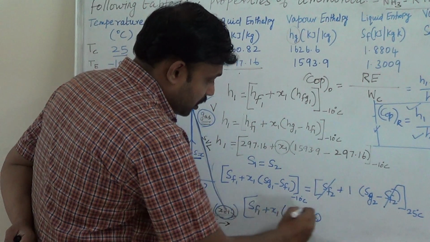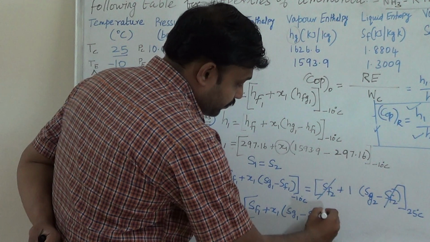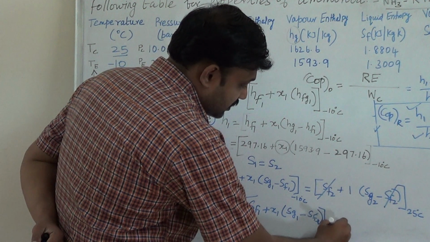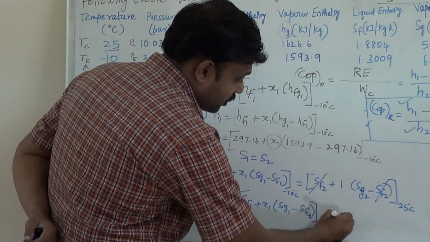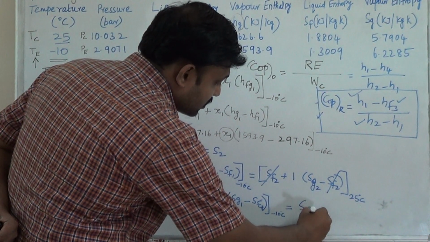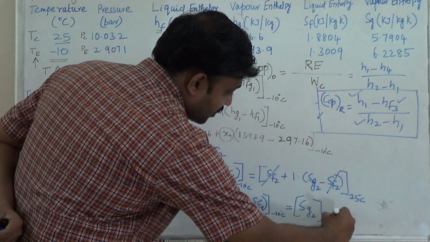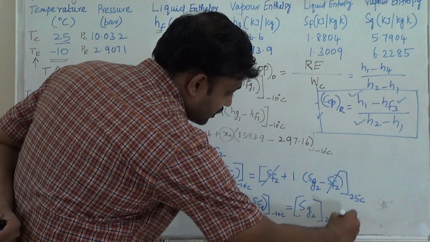This is corresponding to minus 10 degrees centigrade. This is going to be the gaseous entropy Sg2, which is corresponding to the temperature of condenser, which is 25 degrees centigrade.